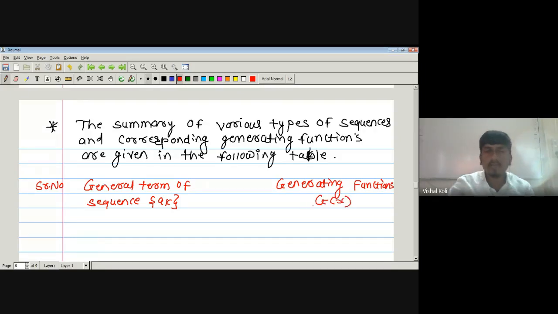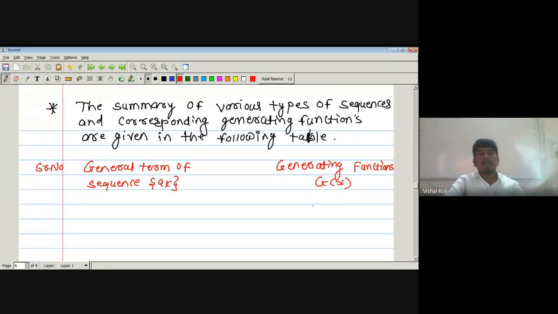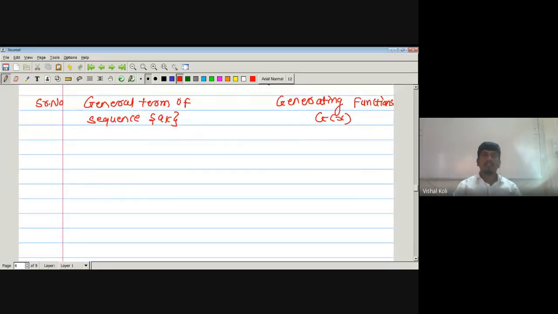That is, we have to see some standard forms. Now, suppose the general term of a sequence is 1, that is, all the terms a0, a1, a2 up to so on are equal to 1. If the general term of the sequence is 1, then its corresponding generating function is nothing but 1 upon 1 minus x.